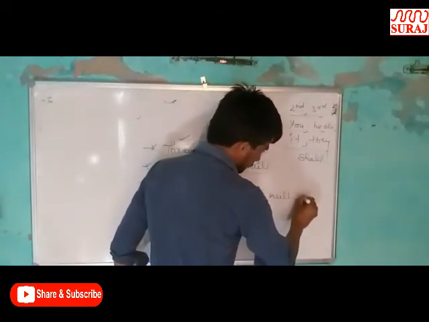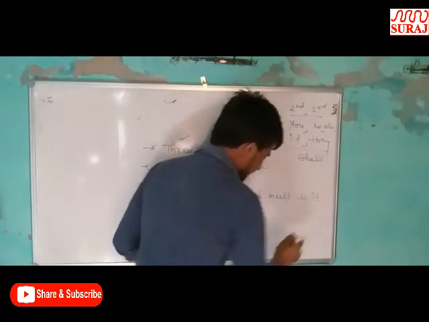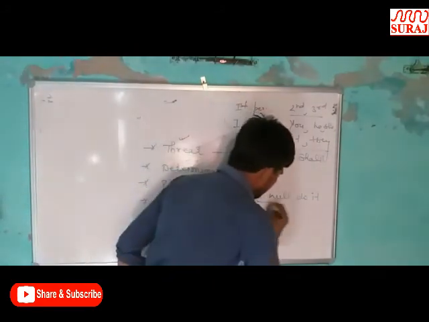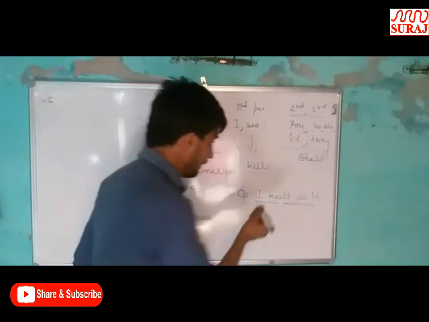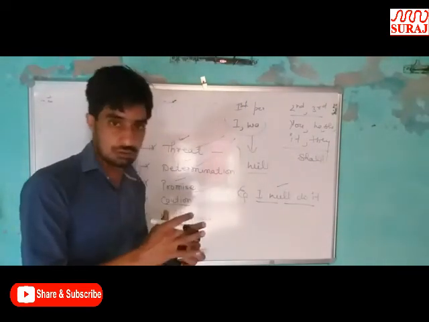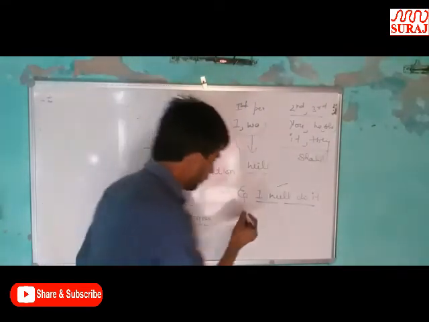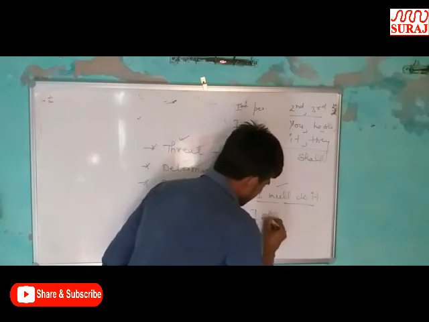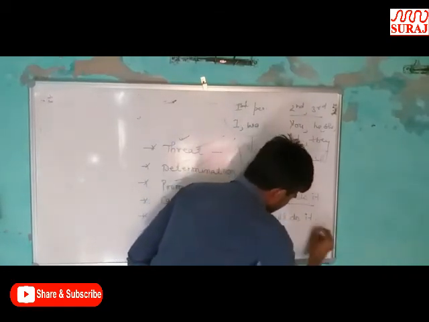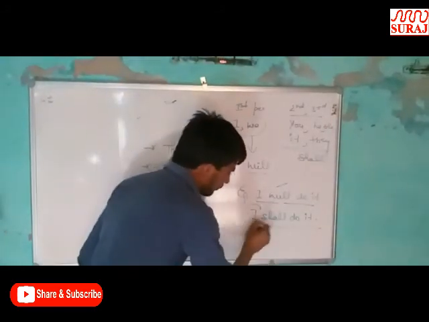For example, if I want to express promise, quotation, and willingness, for example, I will do it. It means the speaker is telling that he will do this work, he will do this at all cost.